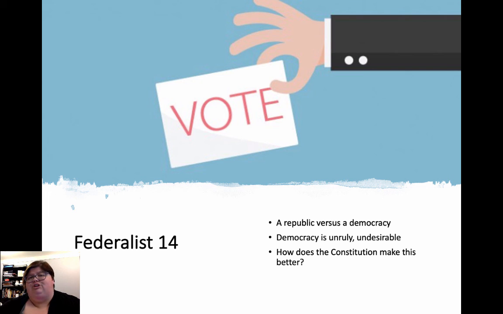So the Constitution, this Federalist paper argues, does this better because a republic is the only thing that can connect all of these territories into one larger nation. If we want to stick with democracy, we are going to end up with perpetual rebellion after rebellion after rebellion, and that's going to destabilize us to the point where we're no longer safe as a nation. So it's important, this Federalist paper argues, that we seek something that is not pure democracy, but rather a republic.